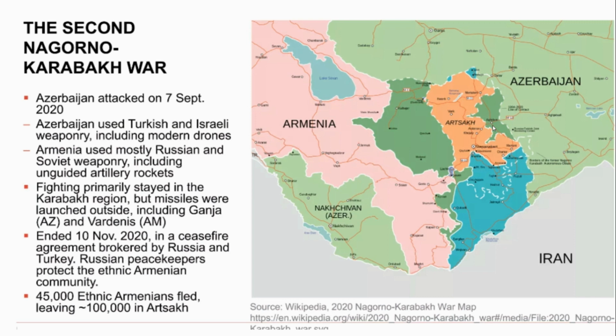And in the Agdam region, there is a Russian-Turkish station to control peace, and in all of Artsakh or the Nagorno-Karabakh region, you can see a lot of Russian soldiers controlling the peace in the region. More than 45,000 ethnic Armenians fled. They are living in Armenia currently, mostly in the capital of Armenia, which is Yerevan.